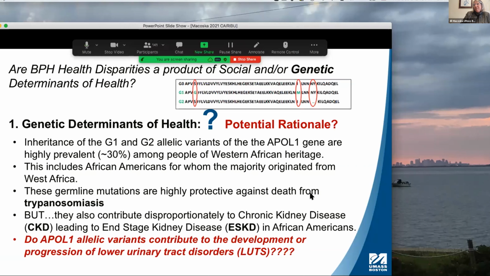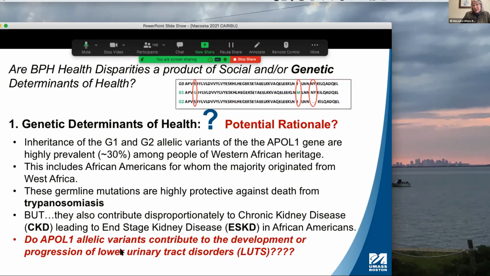The bad thing is that they also contribute disproportionately to chronic kidney disease, leading to end-stage kidney disease in African Americans. So we know this. We know that actually the upper urologic tract suffers by having these germline variants inherited.